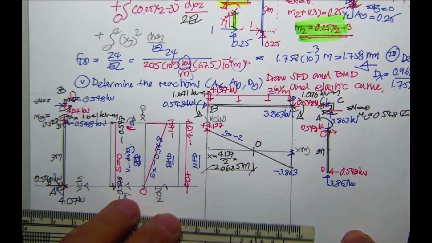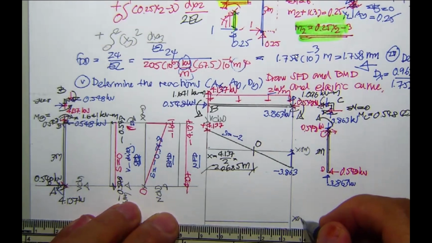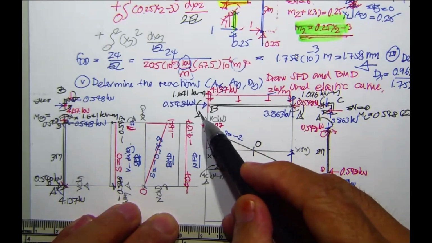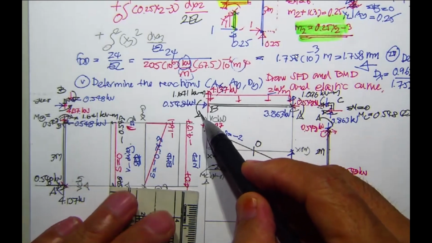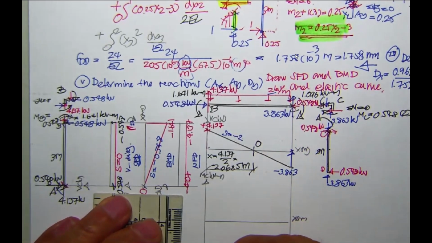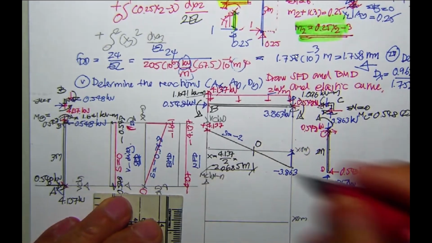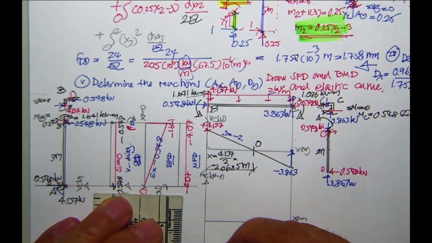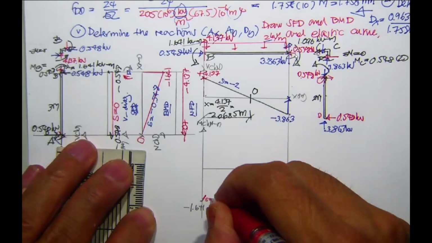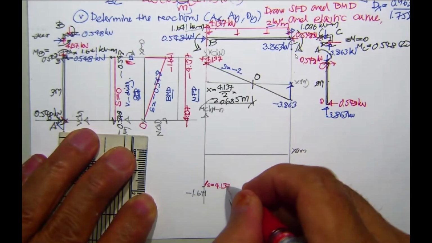And then for the moment diagram, again, this is x meter and M kilonewton meter. Counterclockwise is going to be negative. So this is going to be minus 1.641. Then S is equal to what? Here over here, 4.137.